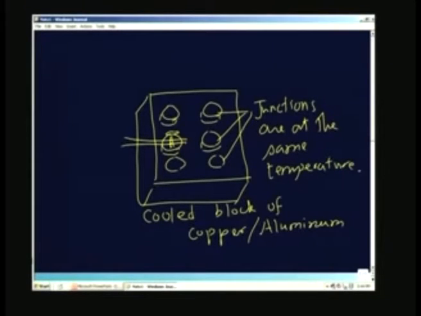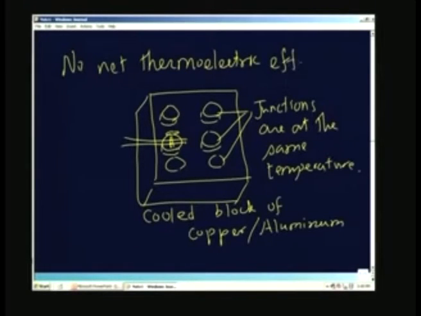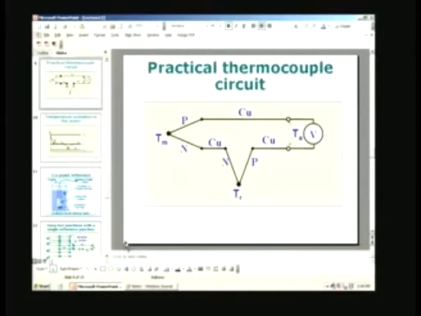The advantage is that we are now making certain that all the wires connected to the terminal blocks here are at the same temperature, and therefore no net thermoelectric effect. That is the important thing. So, we do not have any net thermoelectric effect because of the lugs, which are now all at the same temperature.